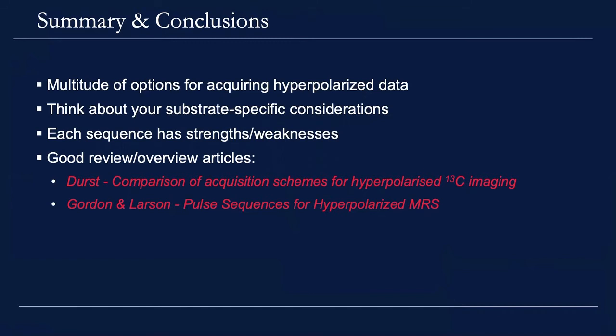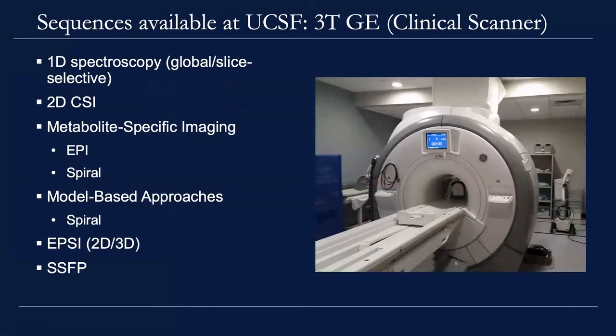A couple of good review articles here that I'll highlight, if you want to follow up on any of this. I won't go through it here, but at the end of the slides I have a list of what sequences and approaches are available on each system, to give you an idea of what you can do out of the box and what work you might need to do to get those sequences up and running on the system you're interested in.